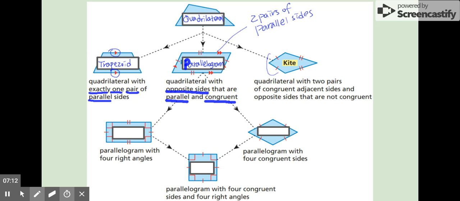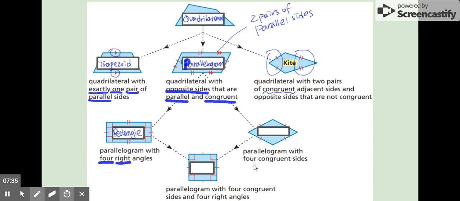So the sides that are adjacent, they're congruent. And among parallelograms, the parallelogram with four right angles is called a rectangle.